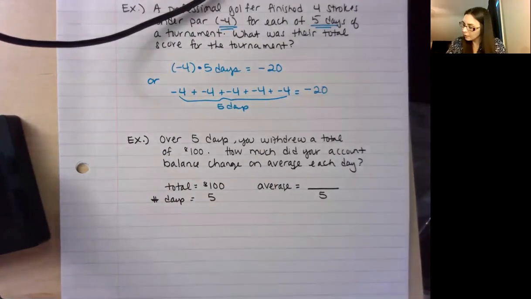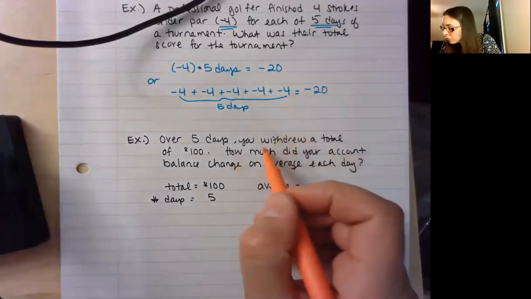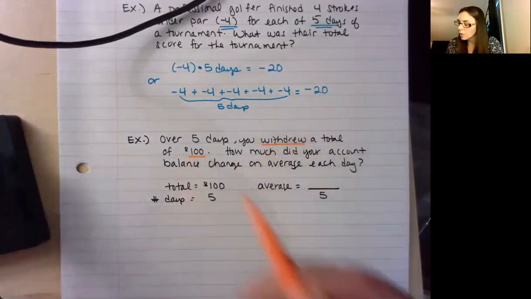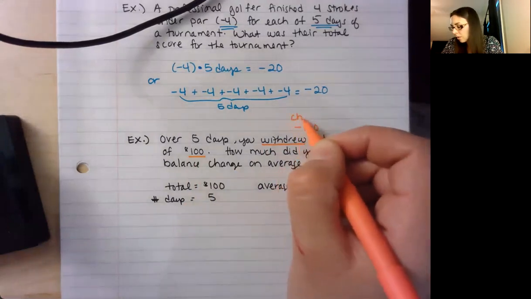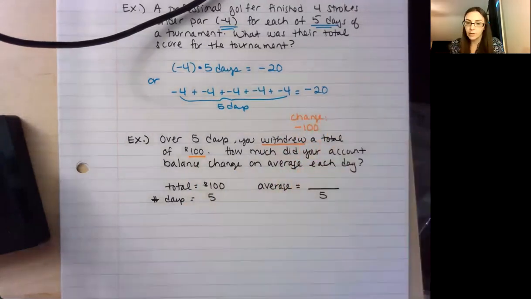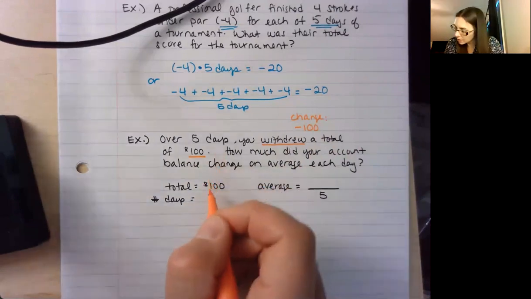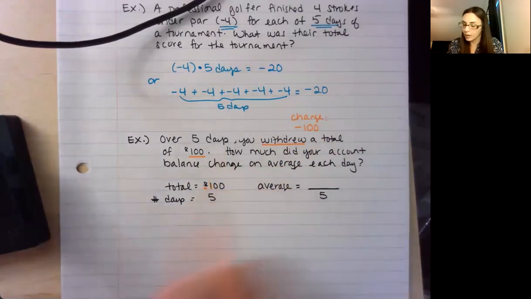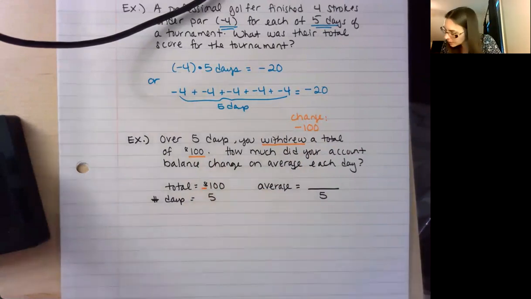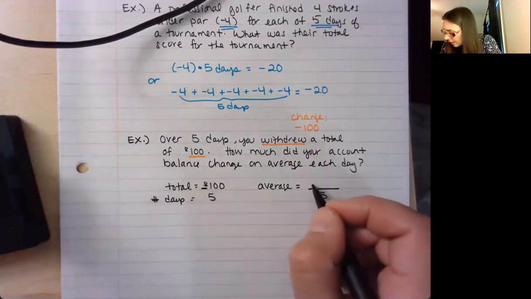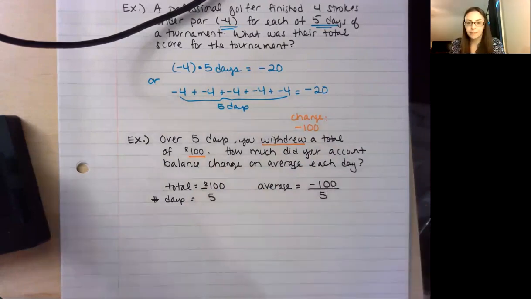Now we do want to be a little bit careful here because we are withdrawing money this time. So if you're withdrawing money, the change in your account is negative 100. So our total is actually going to be a change of negative 100. Actually, we'll write that in black so it's easier to see. And we're looking at negative 100 this way.